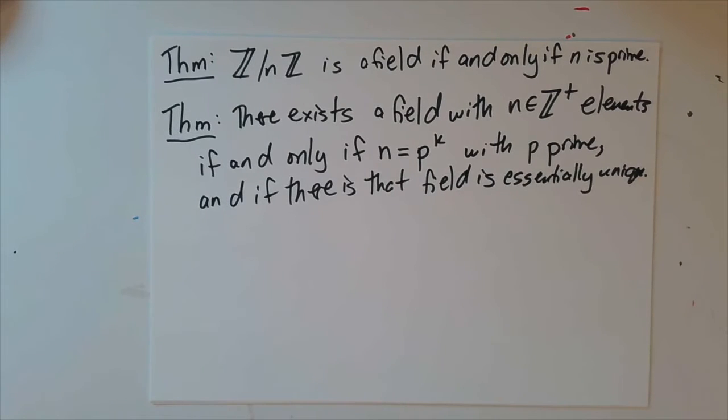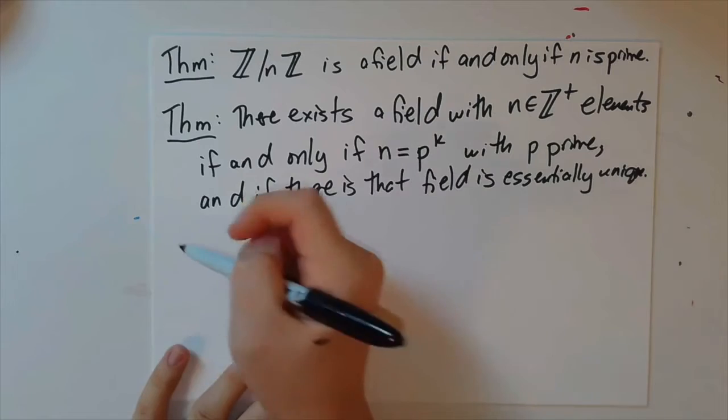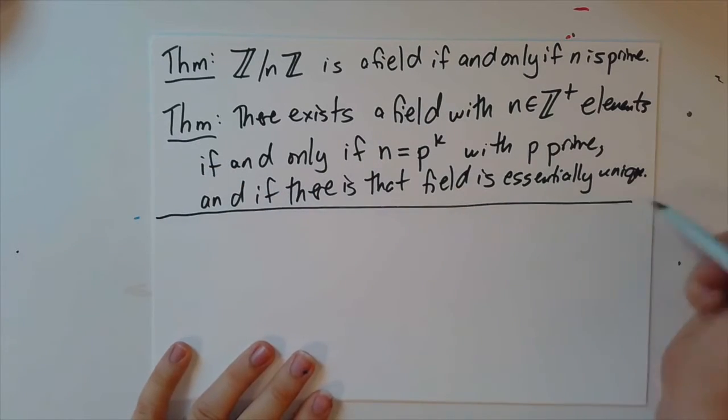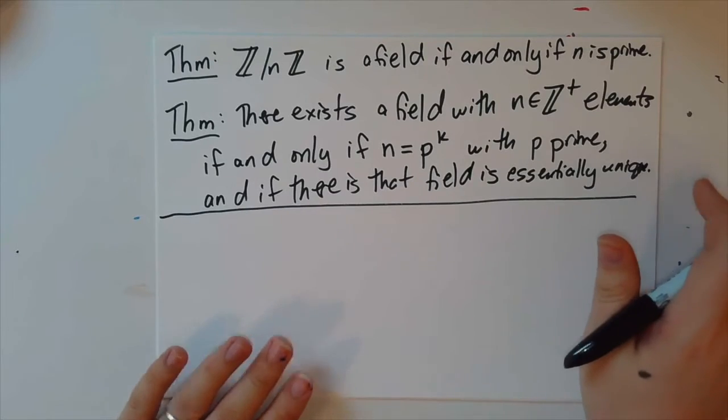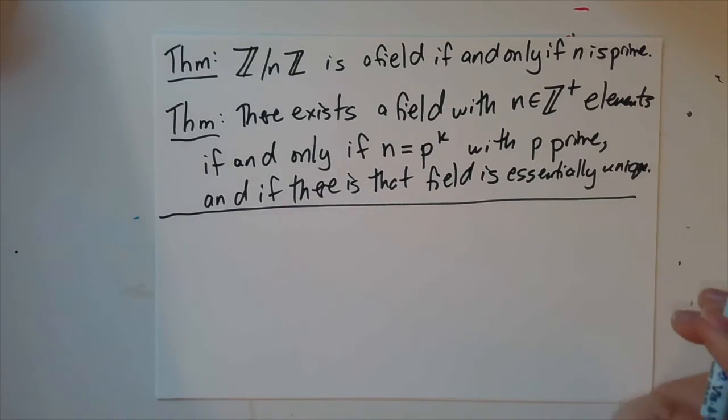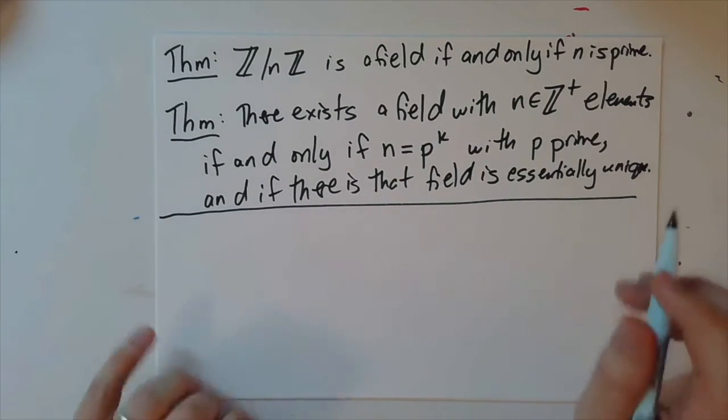So let me just, again, to solidify these ideas, show you what the field with 4 elements looks like, just so that you'll be very convinced that the field with 4 elements is not the integers mod 4.